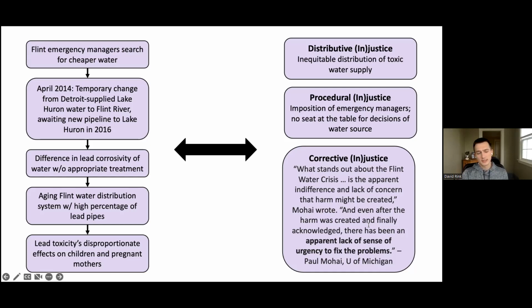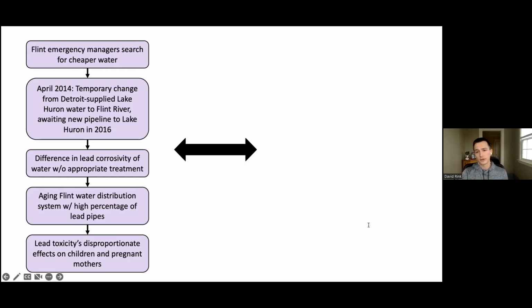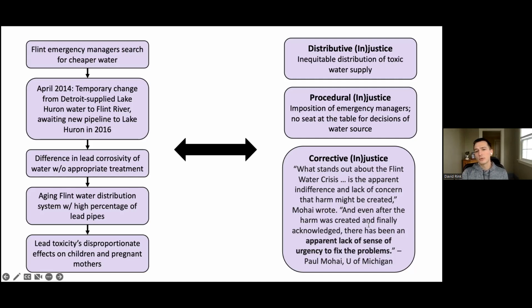And another interesting statistic I came upon here was that of all the Michigan residents who've lived under emergency management between 2008 and 2013, 71% have been Black. At the same time, though, Michigan citizens who are Black only compose 14% of the state. So a huge disproportionate effect there.